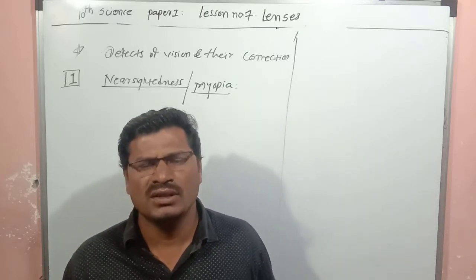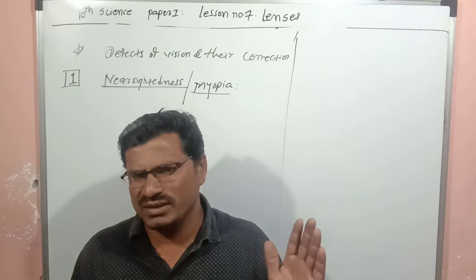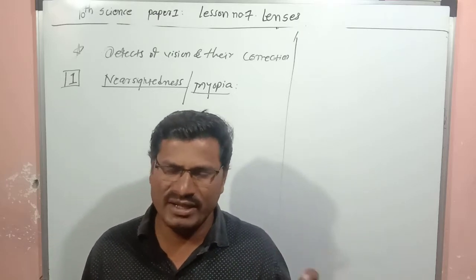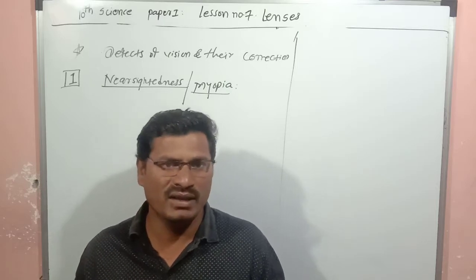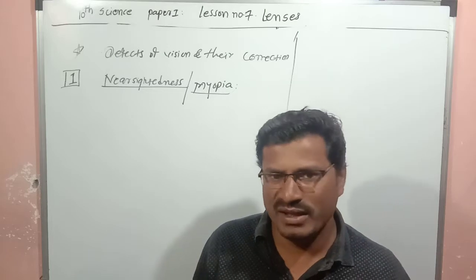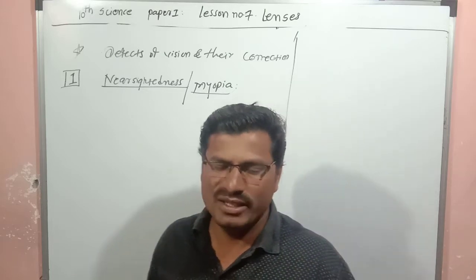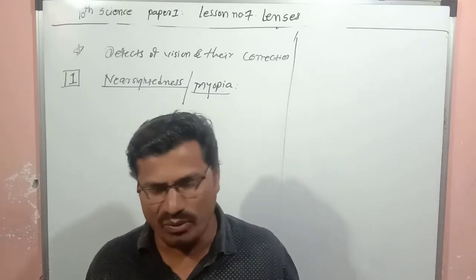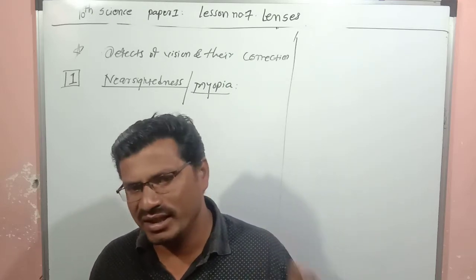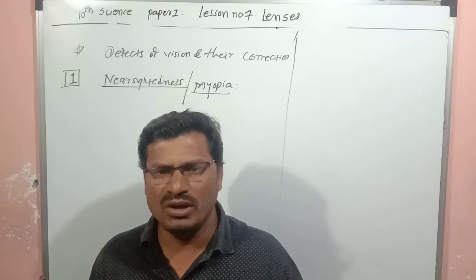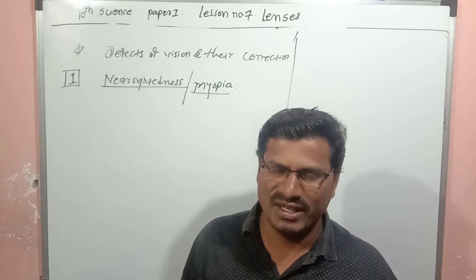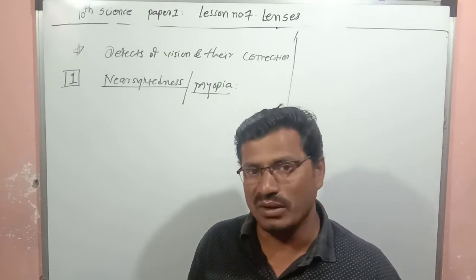Second, the concave lens is a diverging lens, so it diverges the light rays, and those rays are converged by the eye lens on the retina, and the image is formed. Third, the focal length of the concave lens is negative, so the power of the concave lens is also negative, and this defect can be corrected by using a concave lens.